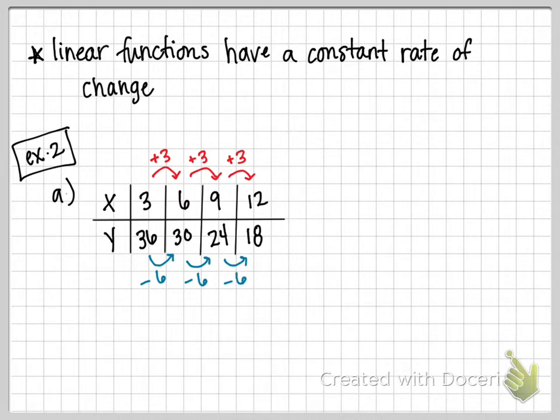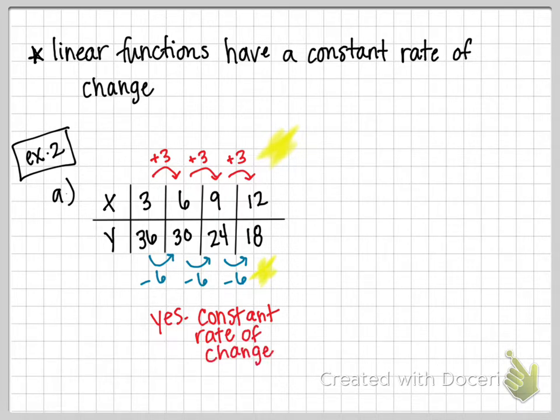So because this is constant up top and constant down on the bottom, we can say that this represents a linear function. So what they would ask is, is it a linear function? Yes, because there is a constant rate of change. That means the x is going up by the same amount, or down. You could be subtracting. And the y is also changing by the same amount every time.